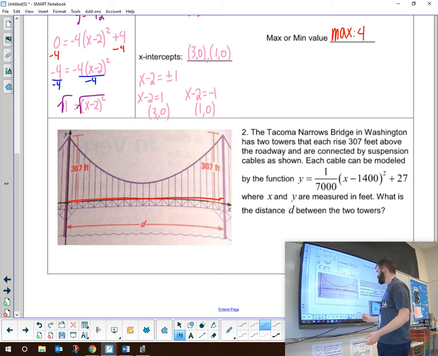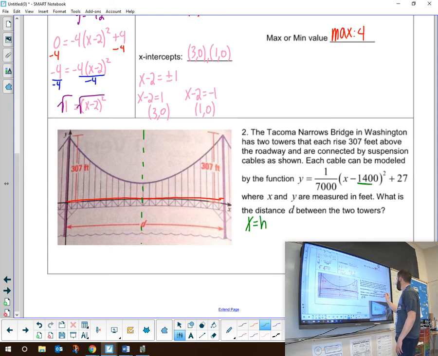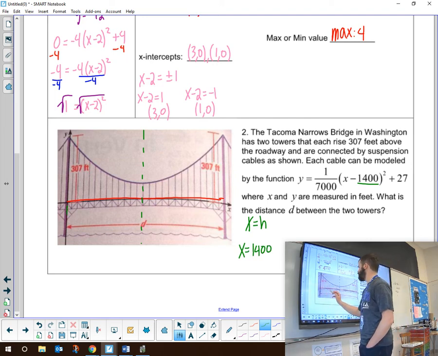Well, we can find the distance halfway by finding the axis of symmetry, right? And so my axis of symmetry is going to be x equals whatever h is. In this case, h is 1400. So x is going to equal 1,400 feet. So that means from here to here is 1,400 feet.